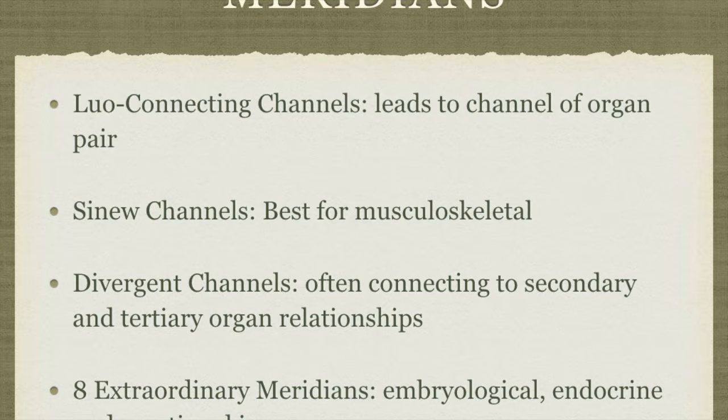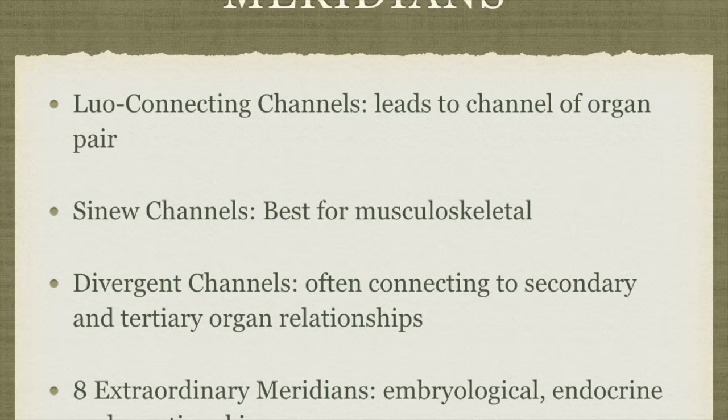And so the organs in Chinese medicine are actually paired according to those five elements. We're going to talk a little bit later on about how the lung meridian and the large intestine meridian are both paired together under the metal element. You can find this for all of the rest of the elements and the meridians, but they have connecting channels that lead between them.